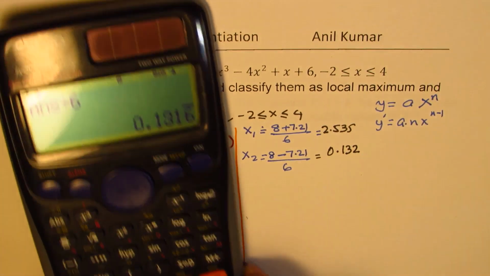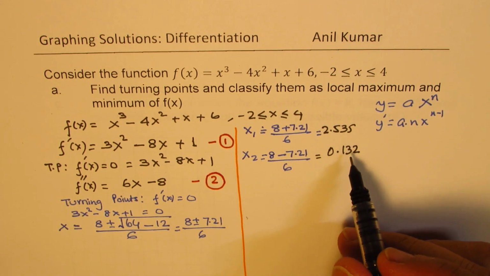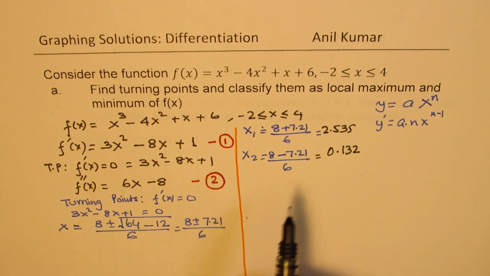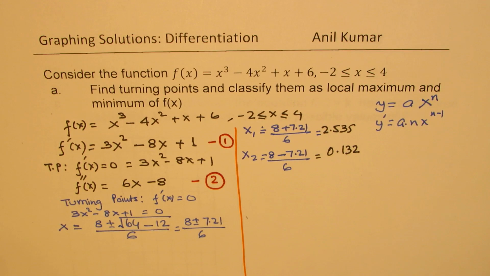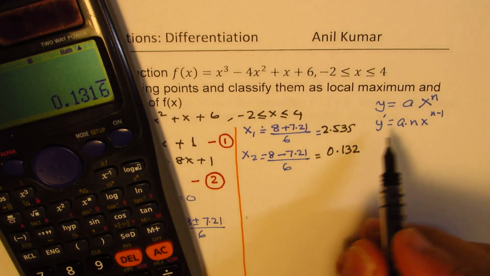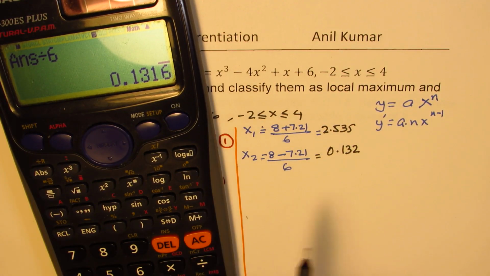Okay. So these are the two turning points since we have zeros at this point. Correct? Now, these are the x values. You can always find the y values. Let's find the y values also at these turning points. So the y values will be, let's substitute in the given equation.